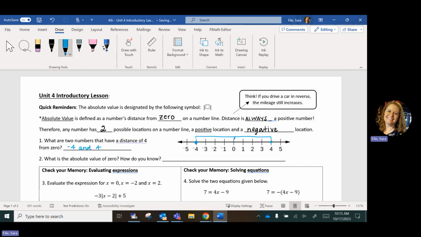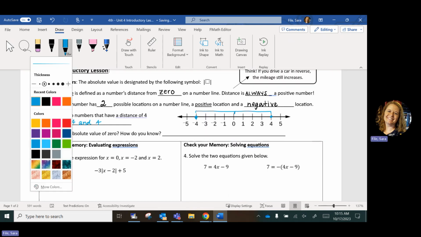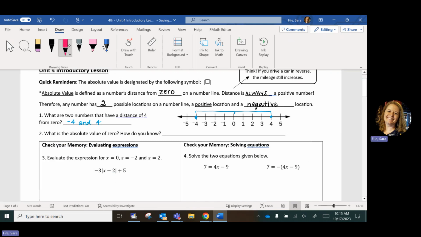All right, what's the absolute value of 0? How do you know that? Exactly. Now that kind of sounds confusing. I'm 0 units away from 0, but that's true. If I am at 0, I am 0 units away from 0. So that's how I know that the absolute value of 0 is 0.